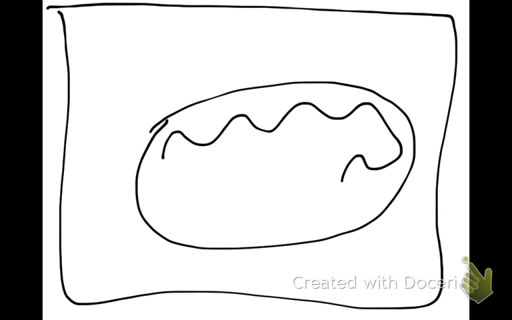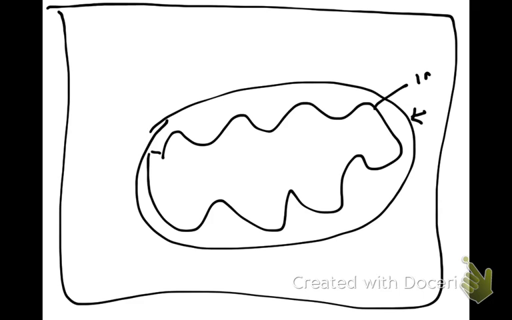Think about it like this. This is your entire cell. In this cell, it has a mitochondria. A brief story about the mitochondria: remember, all cells which are eukaryotic will have mitochondria, and there are many mitochondria in every cell, not just one. The way it is structured is, this is the outer membrane, this is the inner membrane, this is the intermembrane space, and this is the mitochondrial matrix.